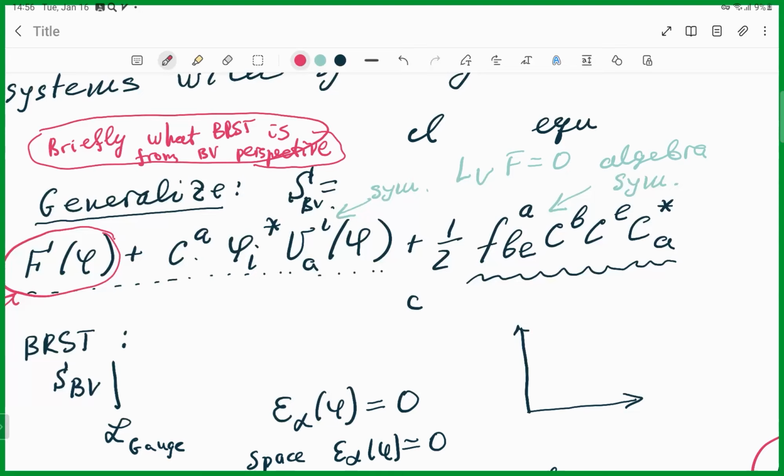Like Poincaré symmetry? Yes, like Poincaré symmetry. However, for Poincaré symmetry, it's not that interesting. It's much more interesting for supersymmetry. And we will come to this example later.